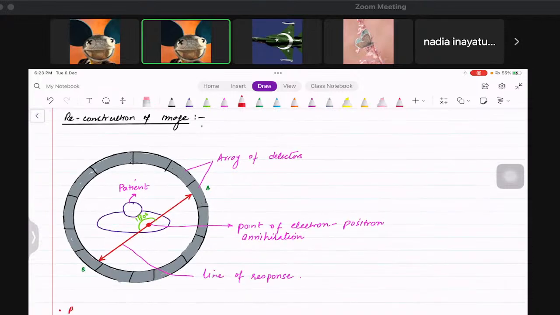So we're going to say photons travel in a straight line and in opposite directions, which are basically 180 degrees, and strike the detectors, okay?